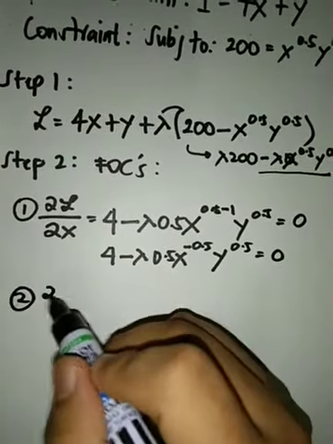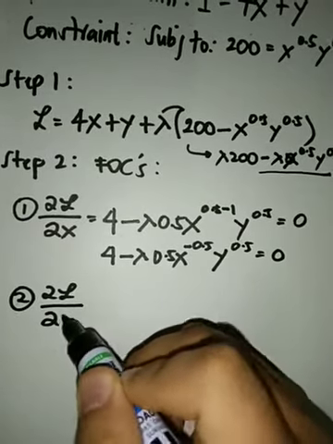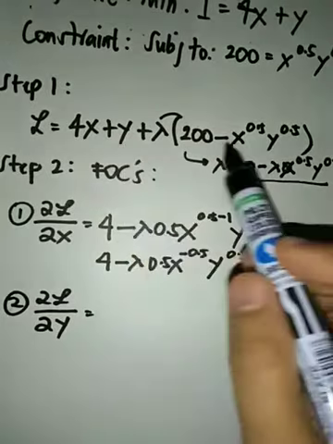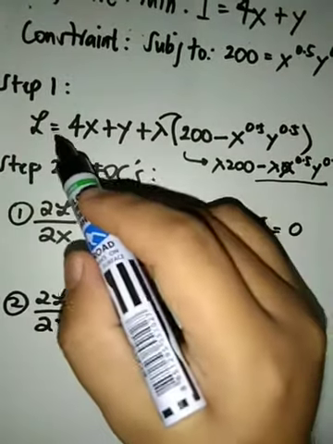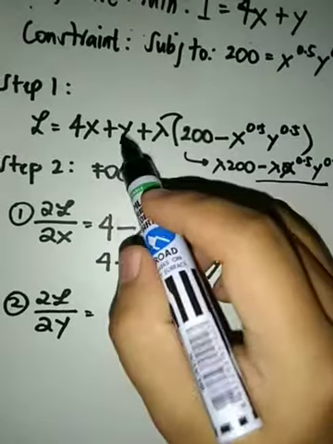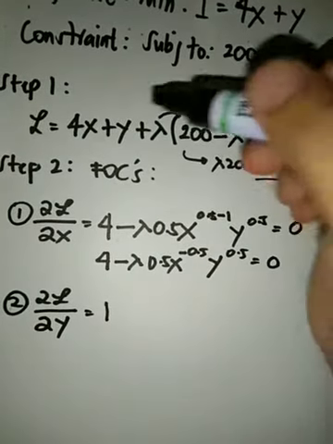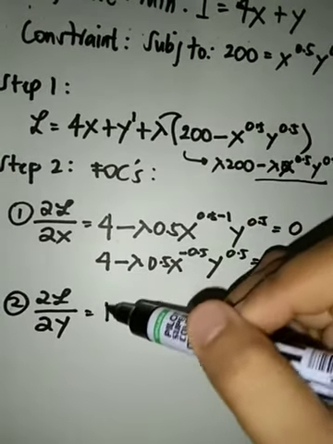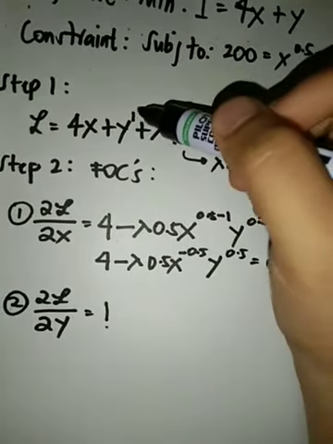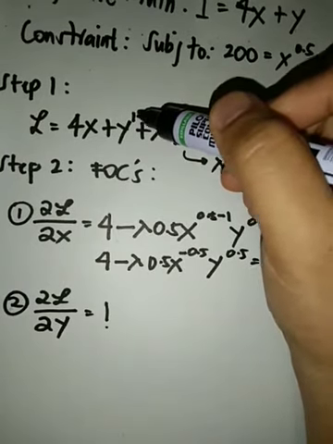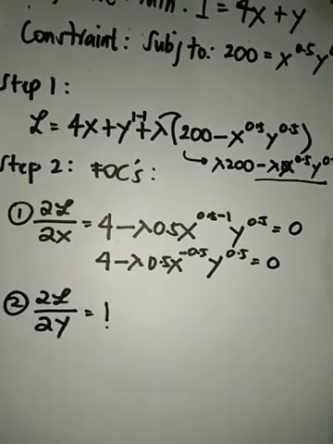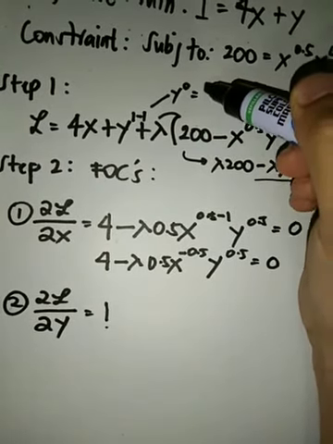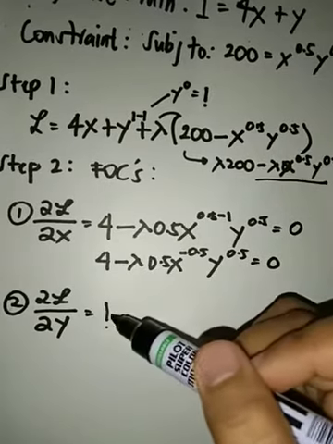For our next FOC, with respect to y, we focus on the y. This one will no longer be included, and this becomes 1, right? Because there is already a 1 here, that is its coefficient. But since you need to subtract 1 because of the power rule, this will become y raised to 0, and y raised to 0 becomes 1. So 1 times this, therefore it is 1.